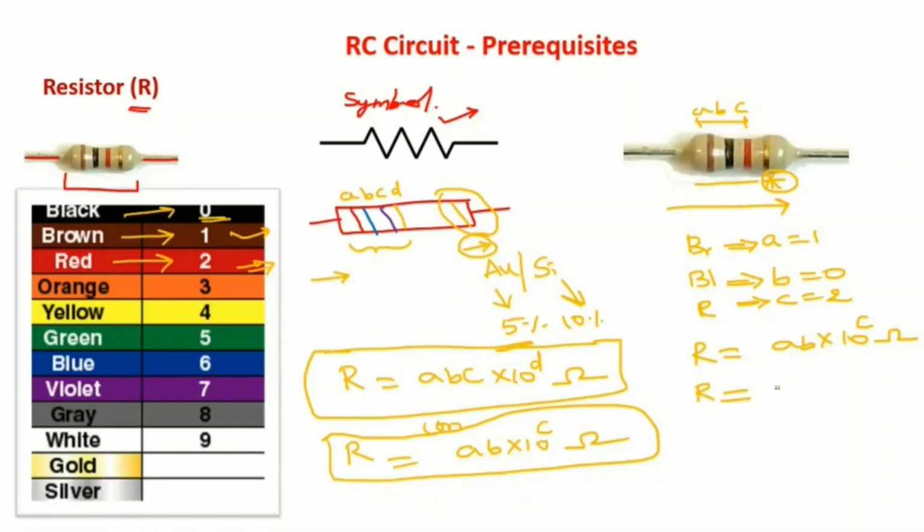Then what do you get? A is equal to 1, B is equal to 0 and C is equal to 2. So this is how we calculate the value of resistance of a given resistor by using color coding. It's very simple.